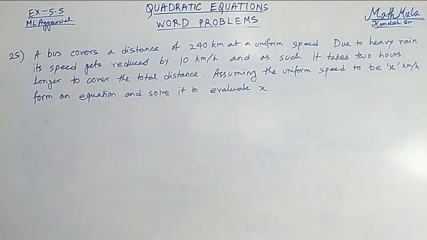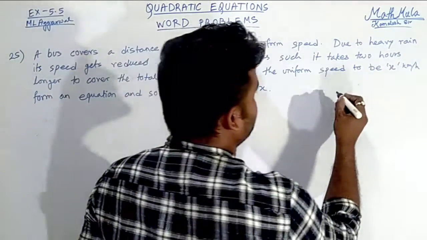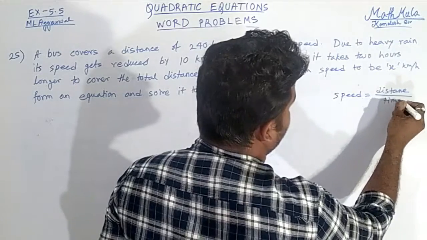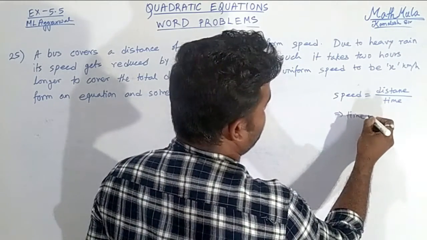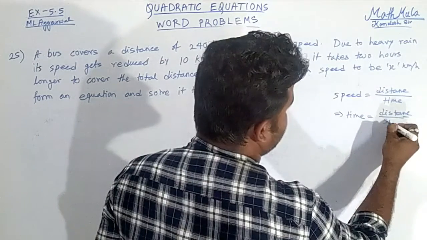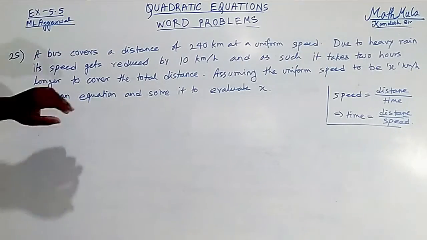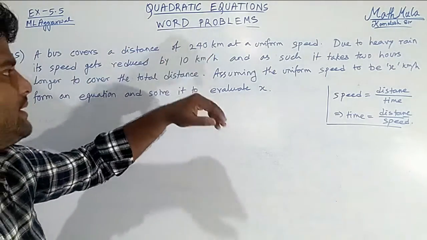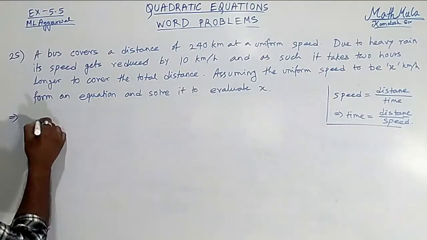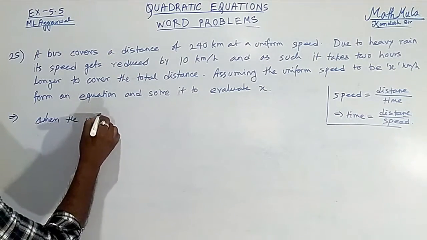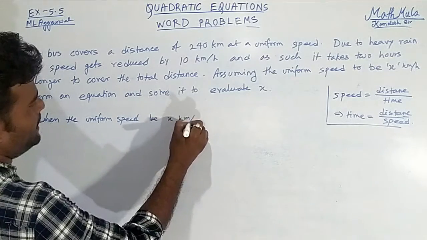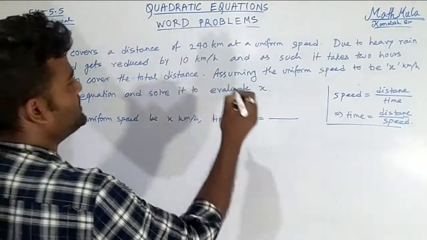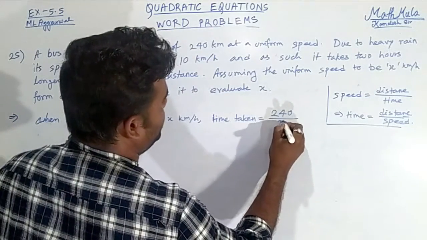For solving this problem, we have to know a formula, that is speed is equal to distance by time. That implies time is equal to distance by speed. Now look, from the first condition, the bus covers the distance 240 km. That means distance is given, and speed is x. When the uniform speed is x km per hour, then time taken is equal to distance by speed, that means 240 by x hours.